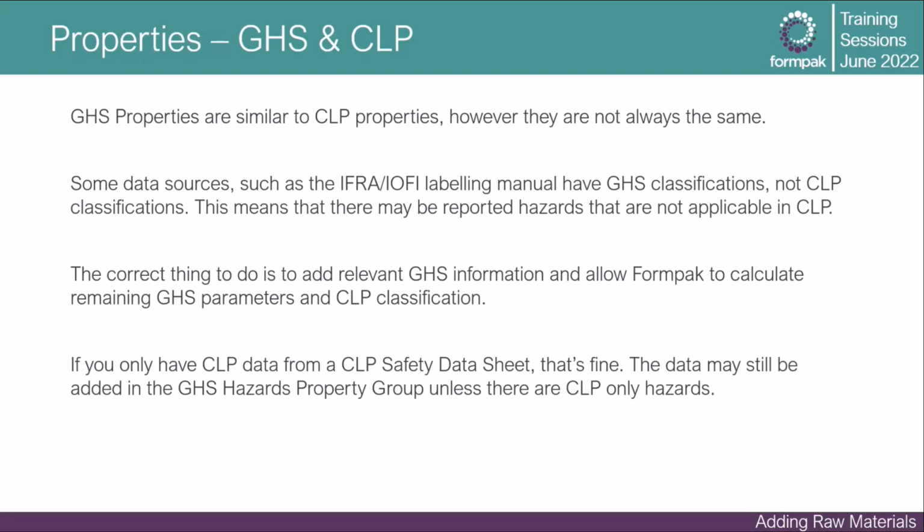The correct thing to do in Formpak is to add all the relevant GHS information and let Formpak do the calculations to give the correct CLP classification. If you only have CLP data from a CLP safety data sheet, that's fine. The data can still be added in the GHS hazards property group unless there are any CLP-only hazards.